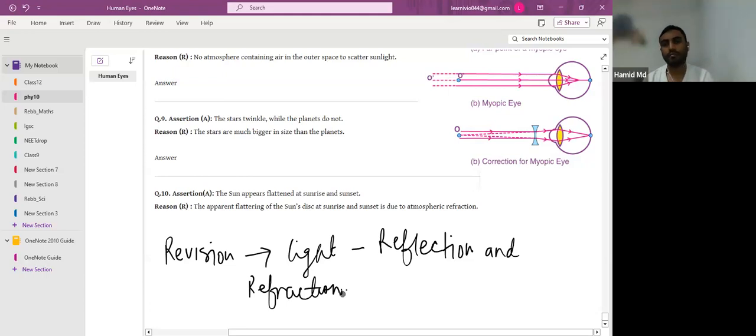What is light, reflection, and refraction? Three terms. All these three terms need explanation, you know? These are very important terms. Can you explain these terms? Light is something that when it enters our eye, we can see the things around us. Yes, good. What about reflection?